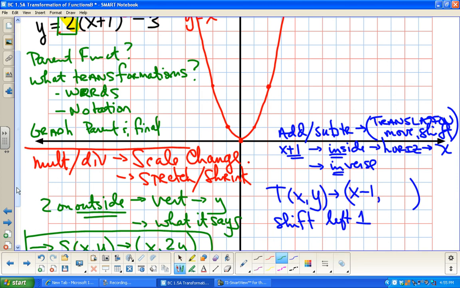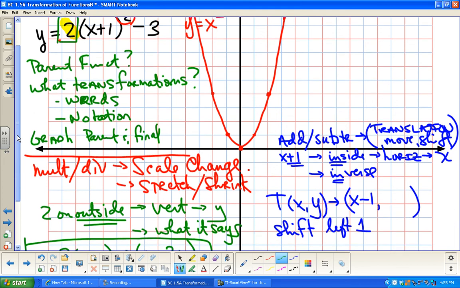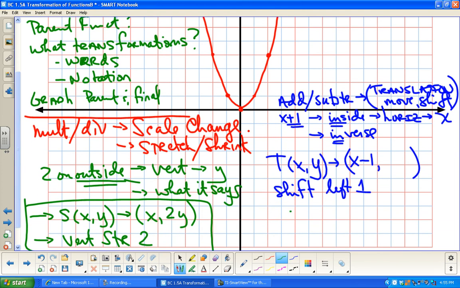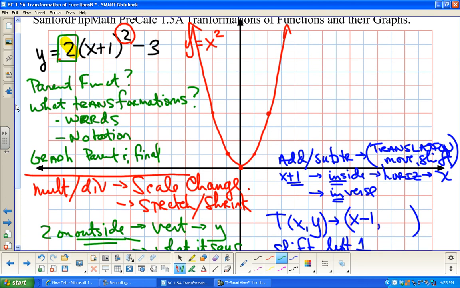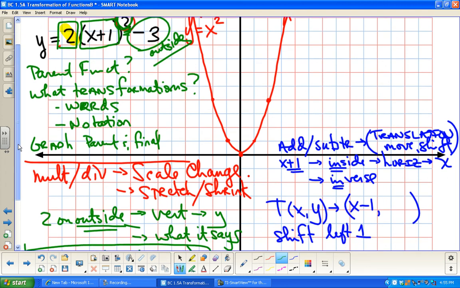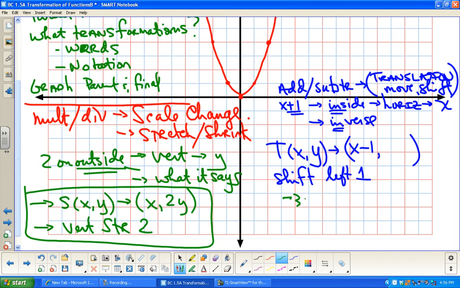Now, popping back to the equation again, there's a minus 3 on the end. It's not inside the squaring. So inside and outside have to do with this squaring. The x plus 1 is inside being squared. This minus 3 is on the outside of that squaring. Okay, so that minus 3 is outside.